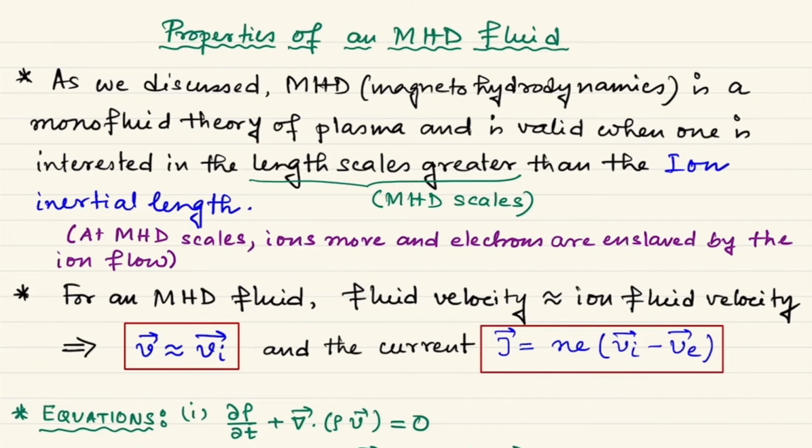So V, the MHD fluid velocity, will be very close to the ionic fluid velocity.